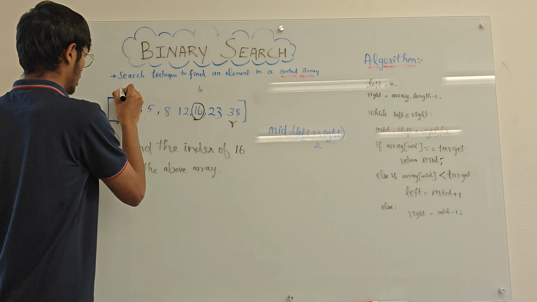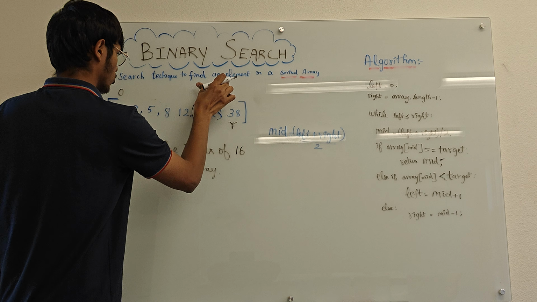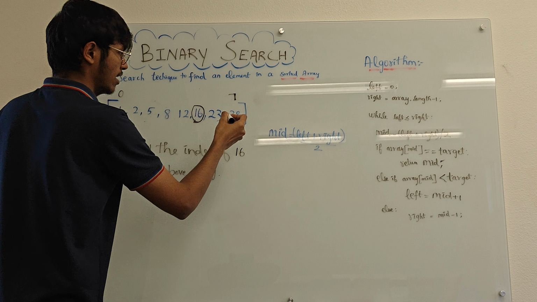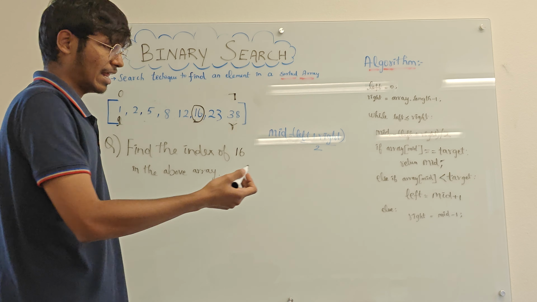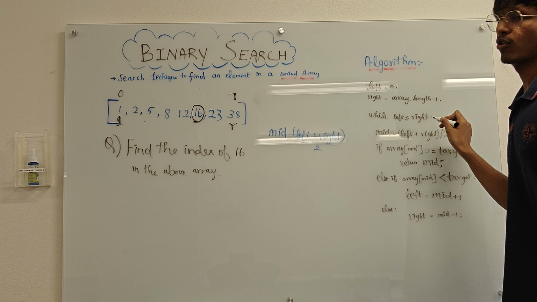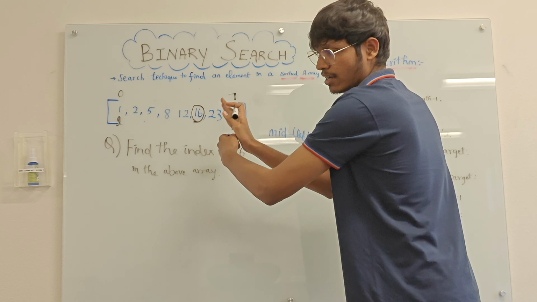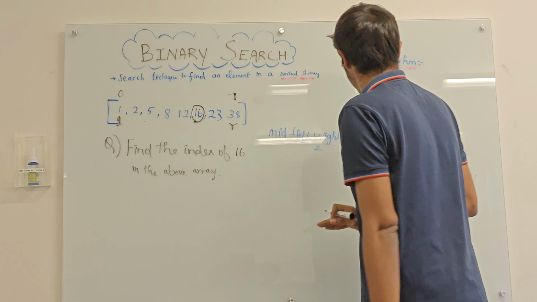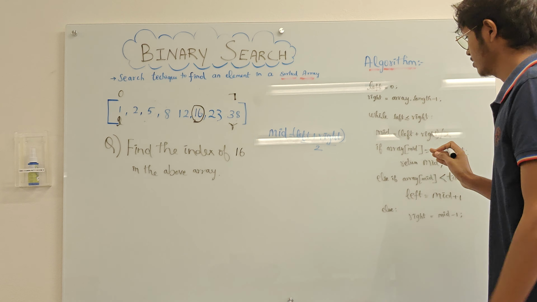Here the left is initialized to 0 and the right is initialized to 7, since 7 is the index of the last element. The algorithm runs while left is less than or equal to right, so that left doesn't cross right. Left can be equal to right, but left should not be greater than right.